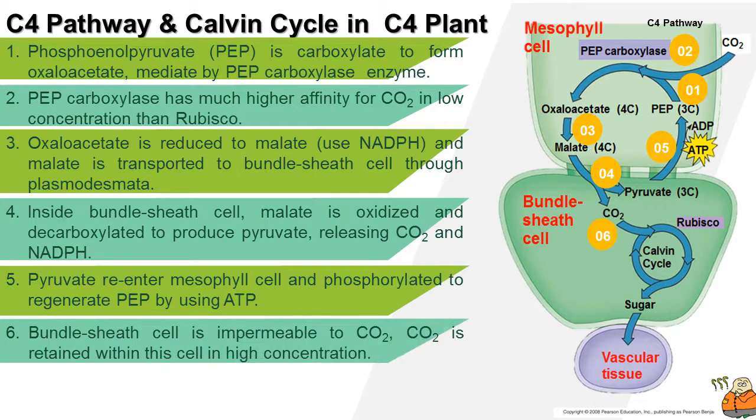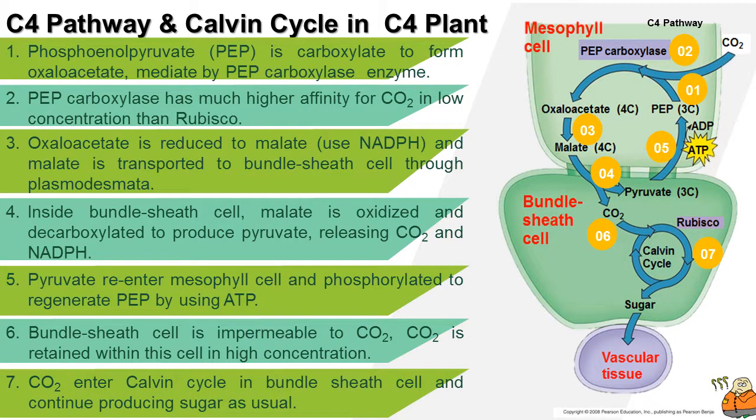Number 6, the bundle sheath cell is impermeable to carbon dioxide, so carbon dioxide is retained within the cell in high concentration. Number 7, carbon dioxide enters the Calvin cycle in the bundle sheath cell because carbon dioxide is higher there, making Rubisco accept carbon dioxide and produce sugar. The sugar is then transported to the vascular tissue, which is the vein.